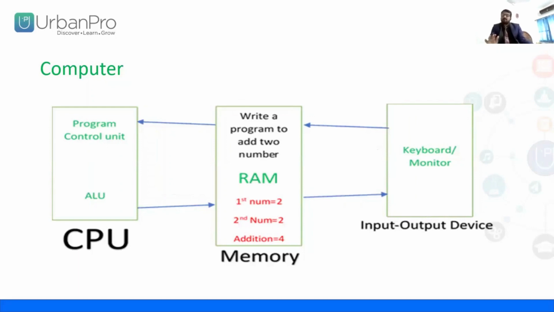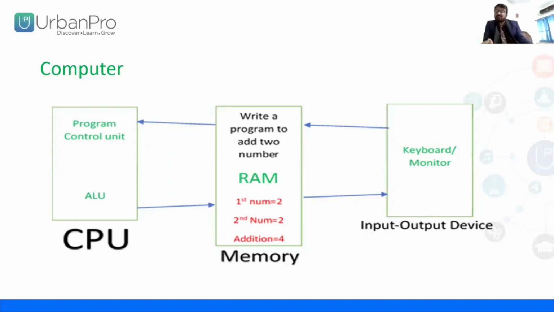Instead of pen and pencil, here we are using keyboard and monitor. Using the keyboard, you are inserting data in the computer, right? So instead of pen and pencil, we are using the keyboard as an input device. Next, writing the same on RAM, random access memory.